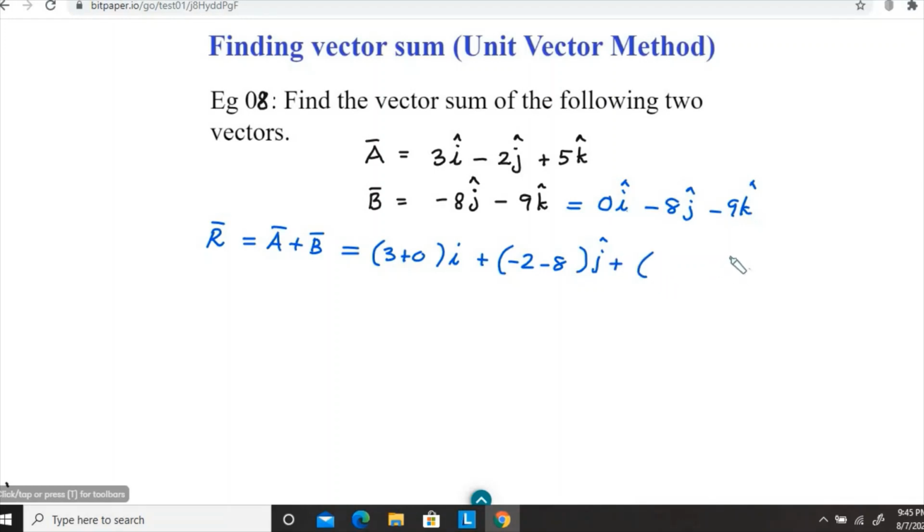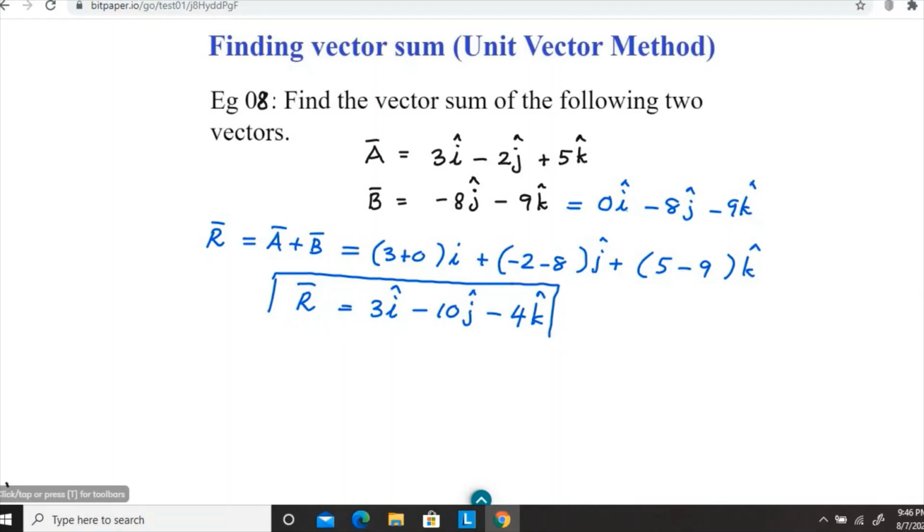Finally, the components for the k hat unit vector: from A, I have 5, and from B, I have -9. So finally, I get the resultant vector as 3i minus 10j minus 4k. That's the vector sum, or the resultant vector, of these two vectors A and B.